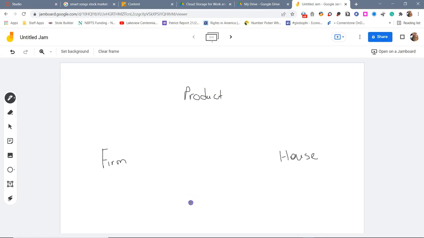And we've got resource. You also know that the resource is also inputs.